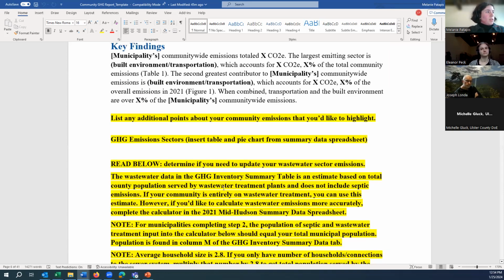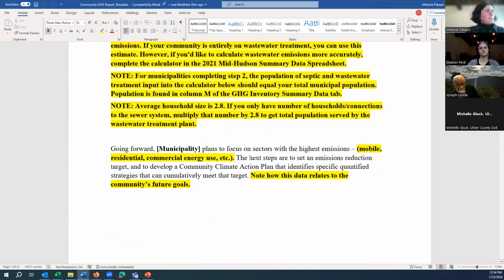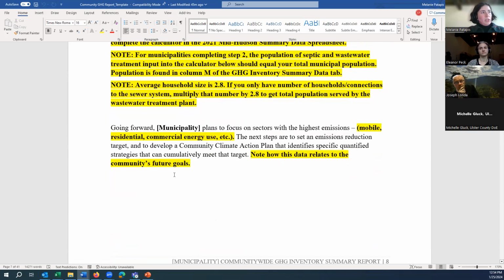So your key findings is where you'll put those figures that came from the summary spreadsheet. And then you'll note going forward which sectors have the highest emissions that you plan to focus on.